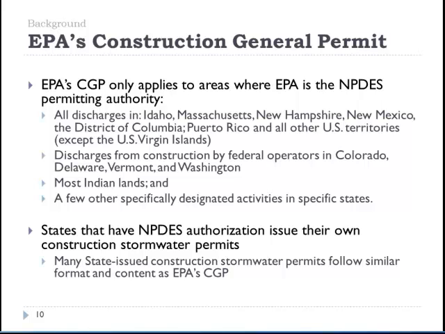States that have their own permitting authority are required to issue their own CGPs, and many of the states that issue CGPs follow or appear to follow a similar format and content as EPA's CGP. So by going over EPA's permit today, it's likely that those of you that are in other states will be informed about some of the provisions that your state may be looking at.